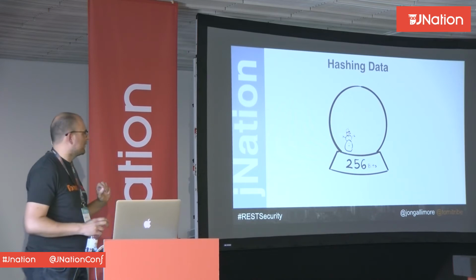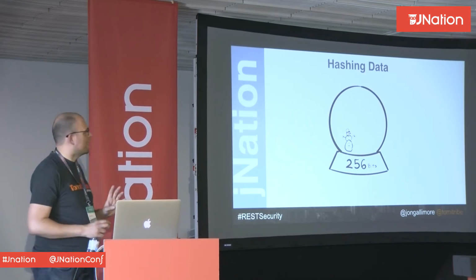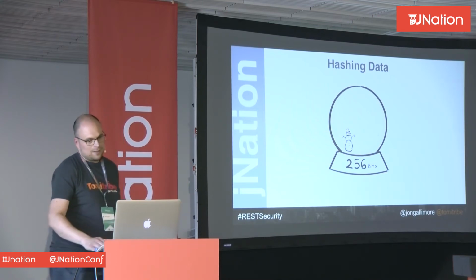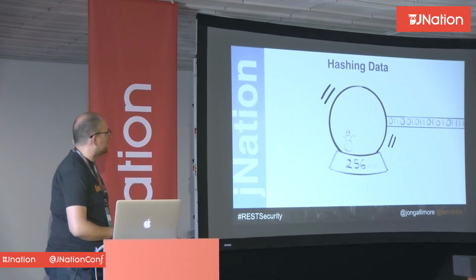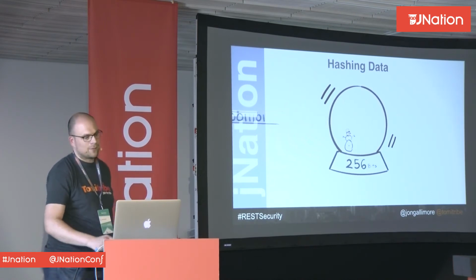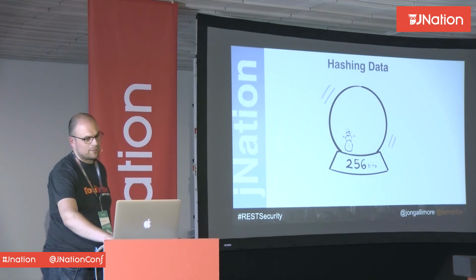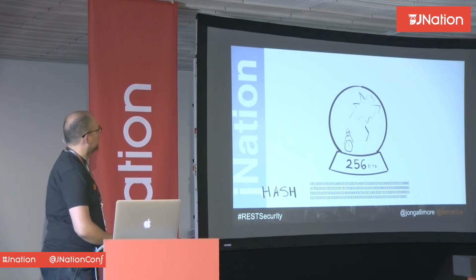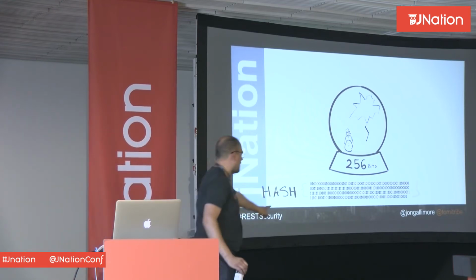Okay, so I've got a little bit of an analogy here. If you imagine a snow globe and it's full of bits, and as we run data through it, the snow globe shakes, and then once that's done, we're going to crack it open and take the bits out of the snow globe. These bits down here are effectively our hash.